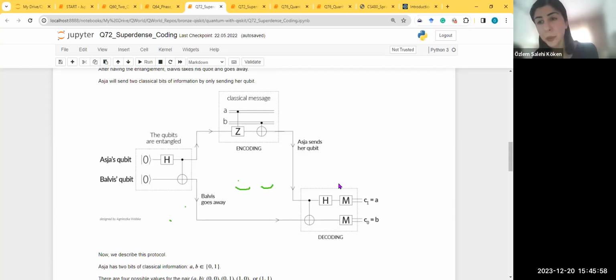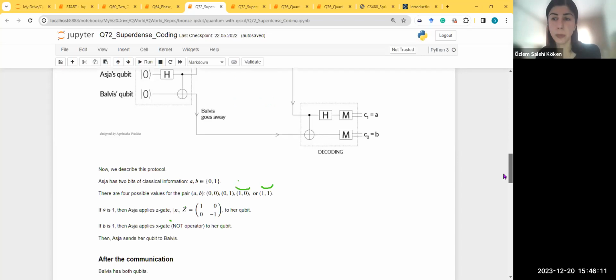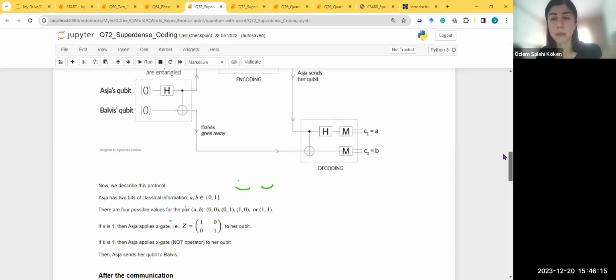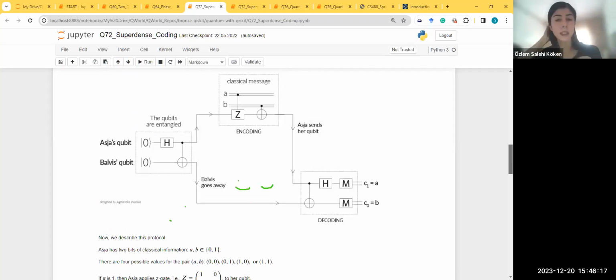You may say there are 2 qubits involved in this protocol, but what's sent from Asya to Balvis is only a single qubit. And by sending a single qubit, she's sending 2 bits of information. And this information is encoded. If someone steals the qubit, they cannot know what Asya is sending because they also need Balvis's qubit.